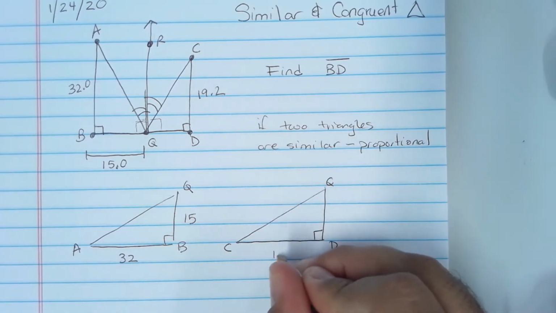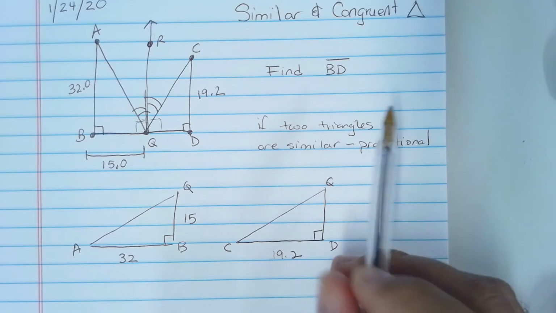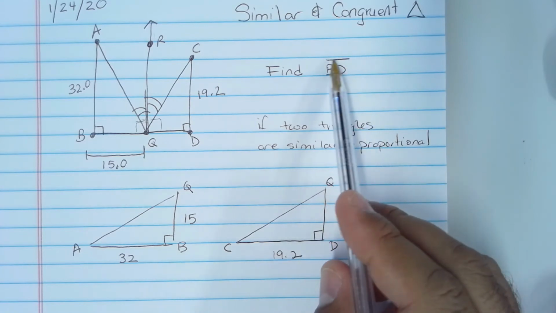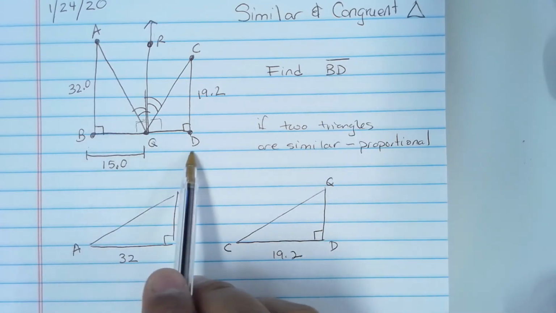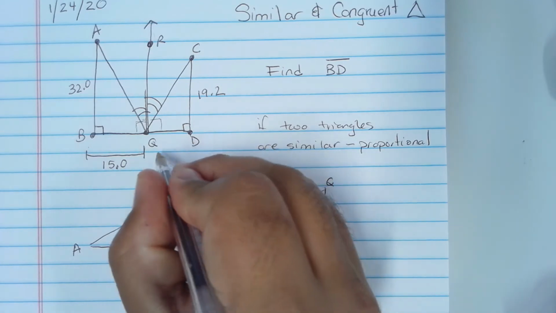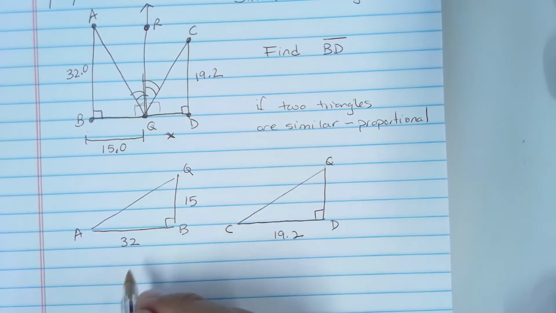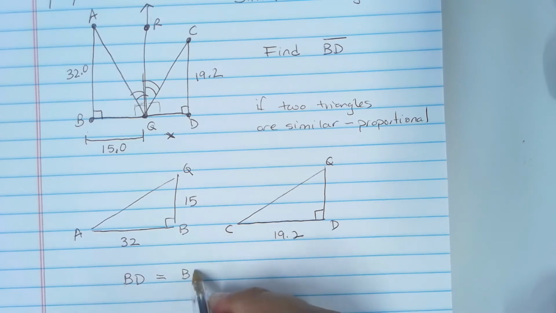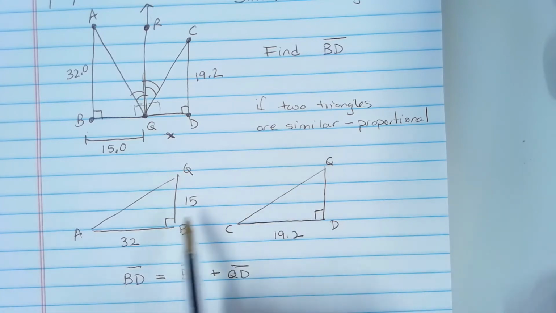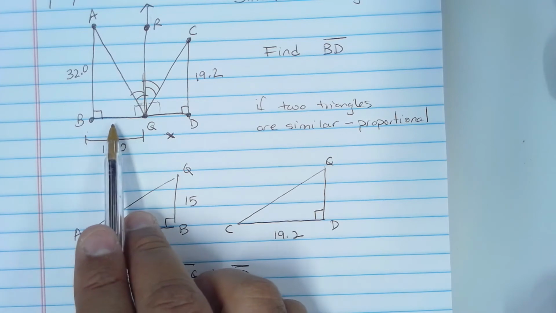CD is 19.2. So the question says find BD. BD is the whole length, so I need to find QD first. Why? Because BD is actually equal to BQ plus QD.